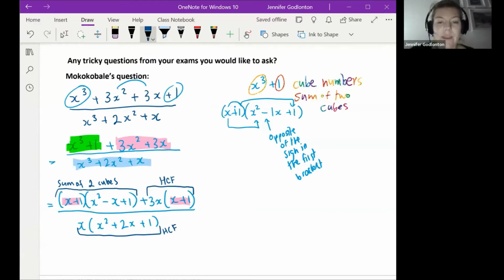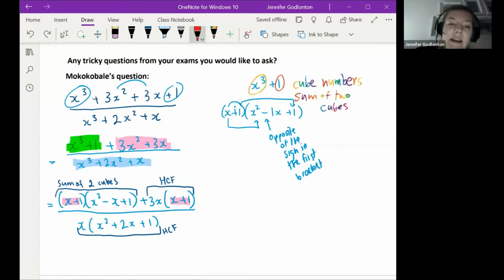Now, some advice. If you got this in a test or an exam, and this top numerator part over here was totally throwing you off, you had no idea what to do, that's okay. It happens. Try a few things, but don't waste a huge amount of time on it. If you're doing it for a long time and you're not getting anywhere, sometimes you have to accept defeat in some questions.